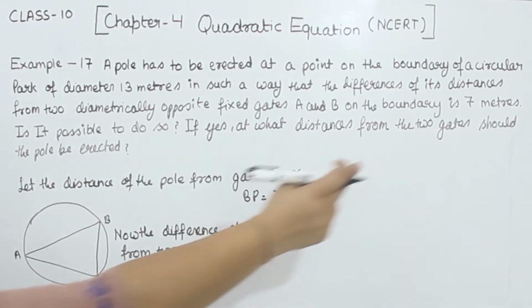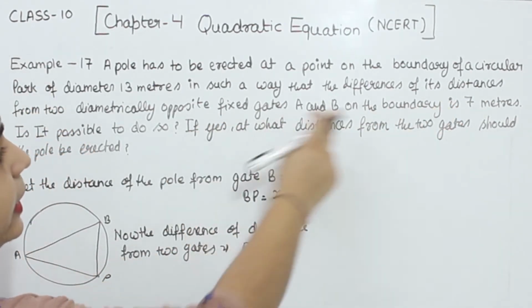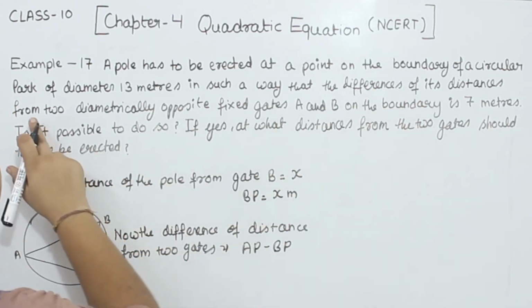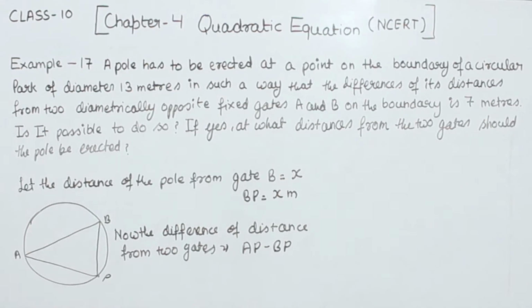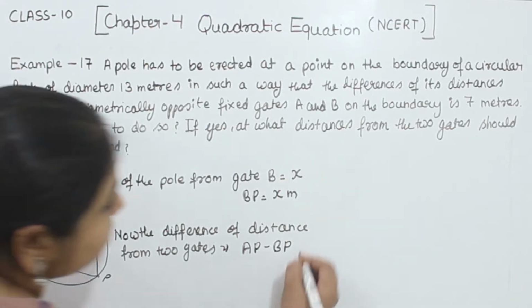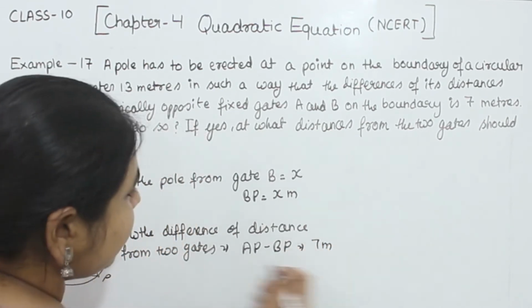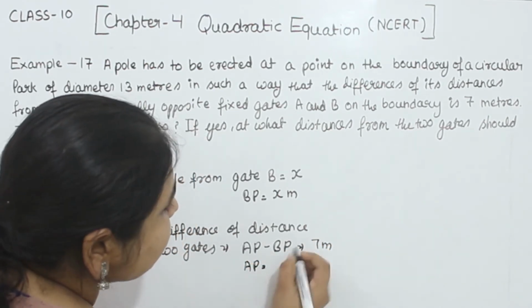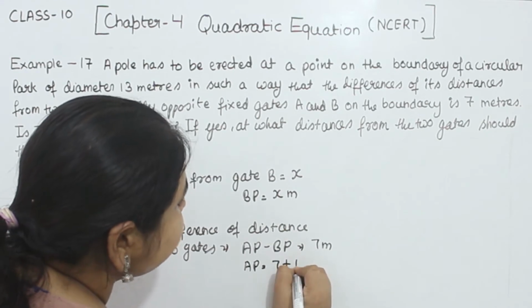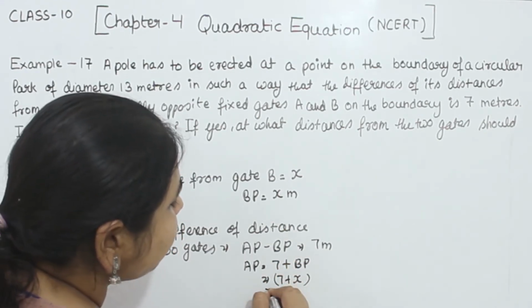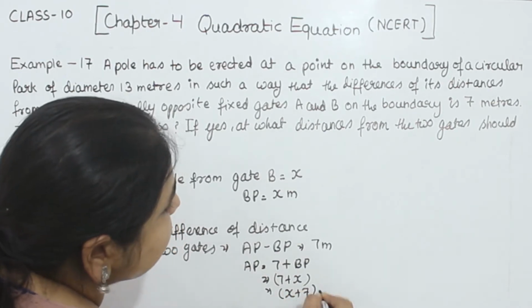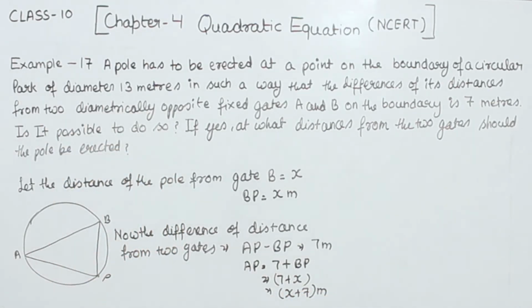We are given that the difference of the distances from the two diametrically opposite gates A and B is 7 meters. So AP minus BP equals 7. Transposing BP, AP equals x plus 7 meters.